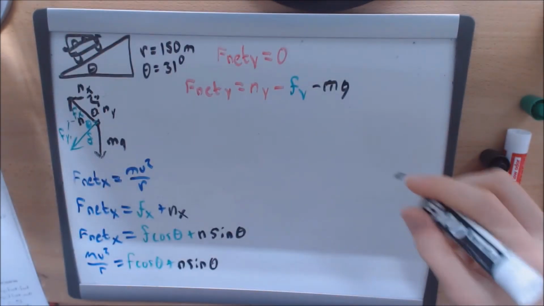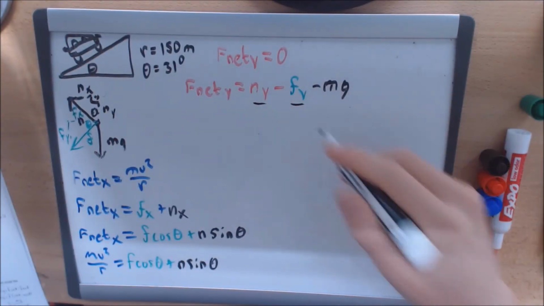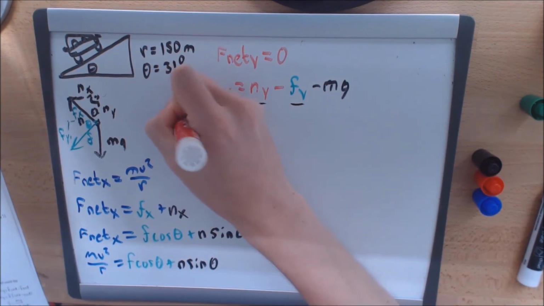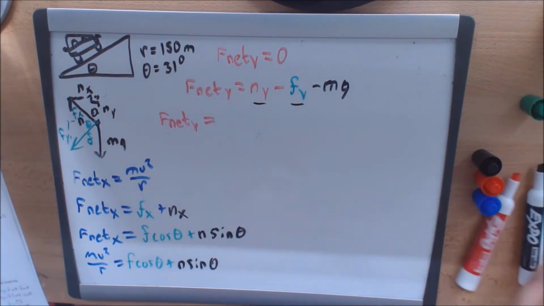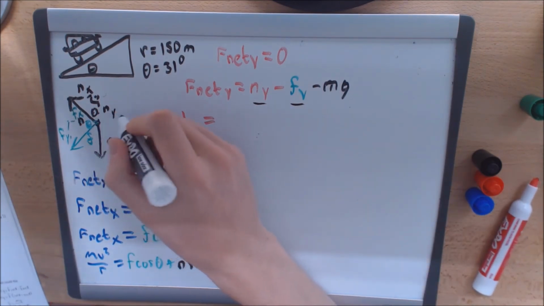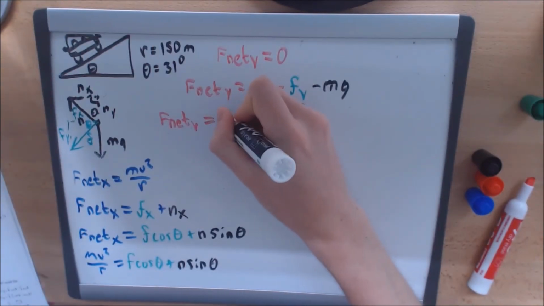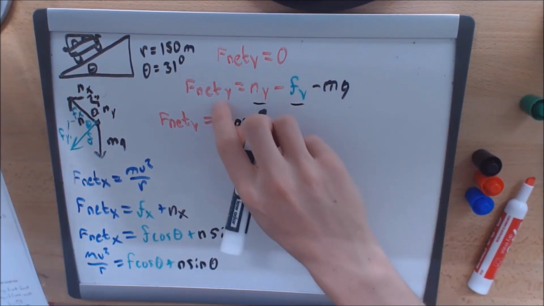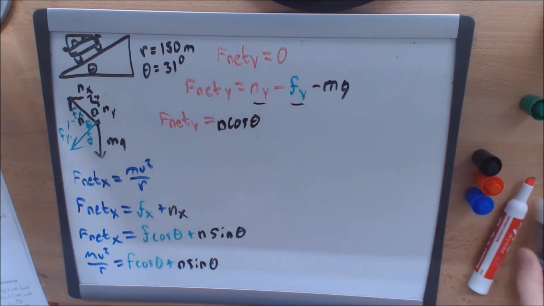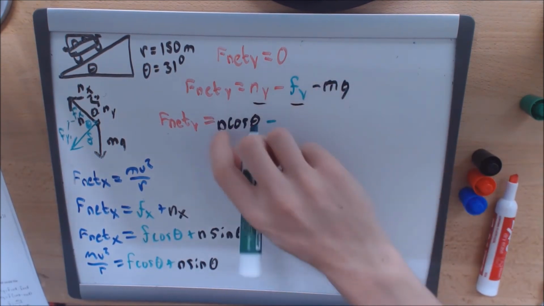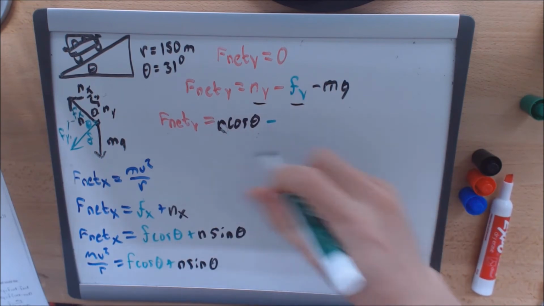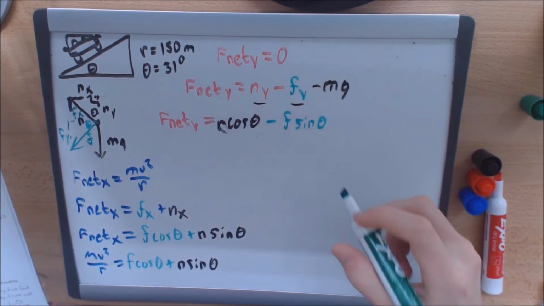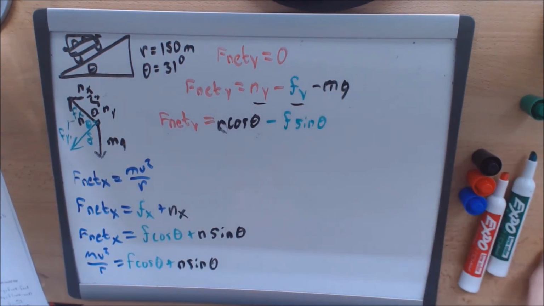Now we want to substitute in workable solutions for that. So we're going to substitute in for F net y. Ny is adjacent to the angle, so we're going to say N cosine theta, and Fy is opposite of that theta, so F sine theta, and our mg is still just mg.